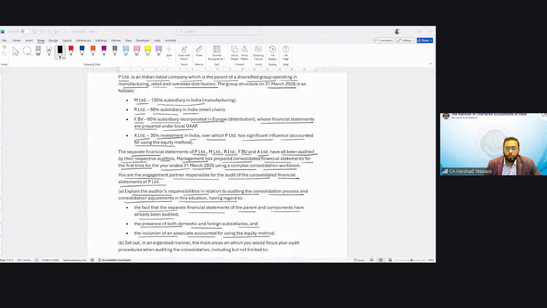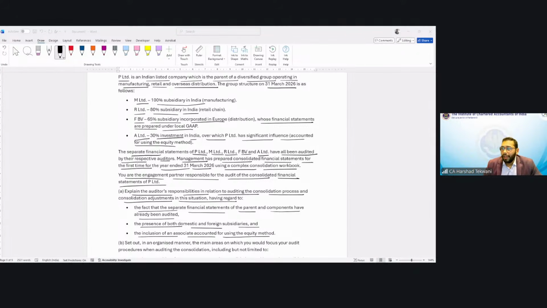What is the first thing given? The fact that the separate financial statements of the parent and components have already been audited. Now, what is the auditor's responsibility in that? We need to write the answer with respect to SA 600, using the work of another auditor.